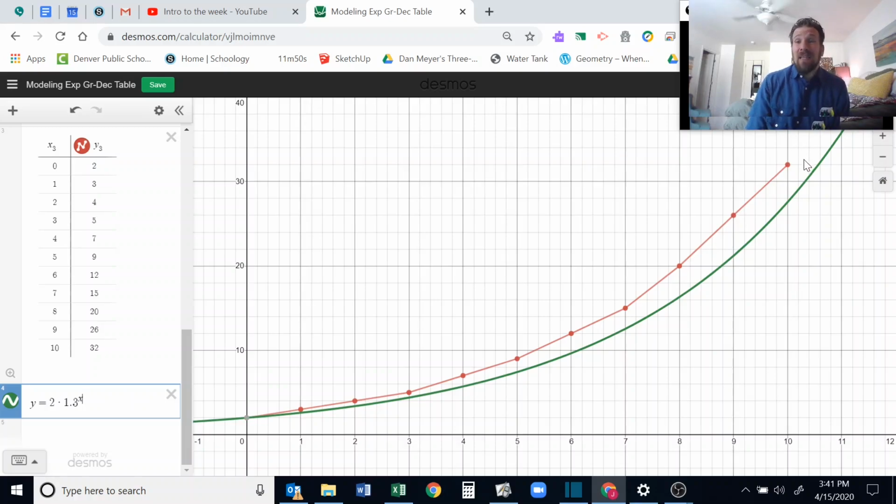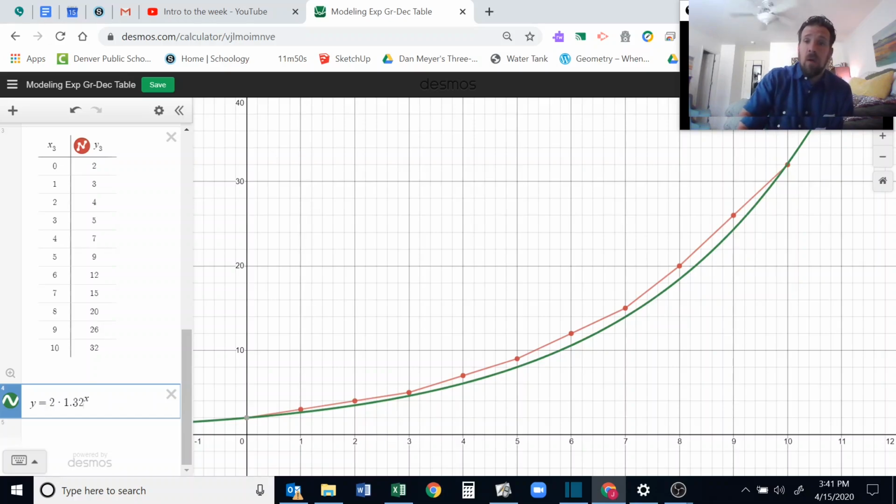Is it exactly right? No. And in fact, we could probably tweak our model here now that we have an approximate value. And in fact, when we did our average, we didn't do 1.3. So maybe I need to put in that 1.32. And you can see now we're really a lot closer.